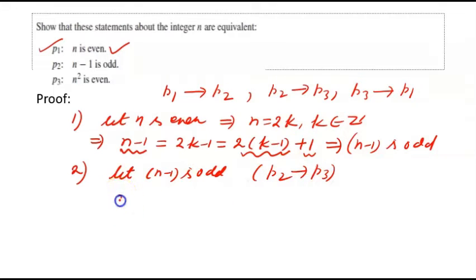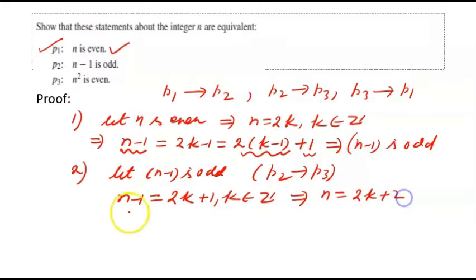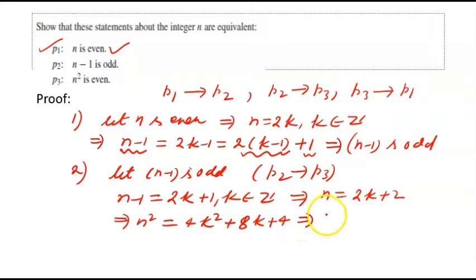So if n minus 1 is odd, n minus 1 will look like 2k plus 1, where k belongs to Z, and this will help us to write n is equal to 2k plus 2, and then I can write n square is equal to 4k square plus 8k plus 4, squaring both sides using the (a plus b) whole square formula, and this will be like n square is 2 times (2k square plus 4k plus 2), right?